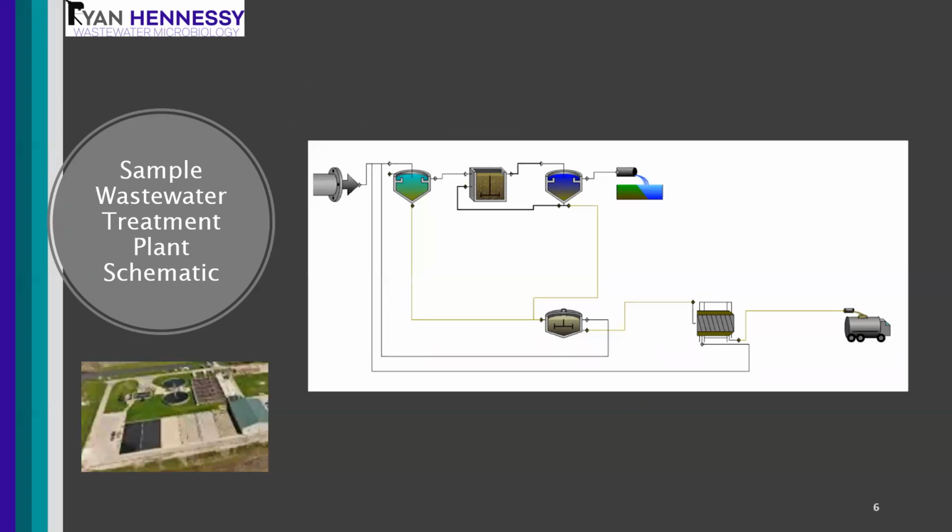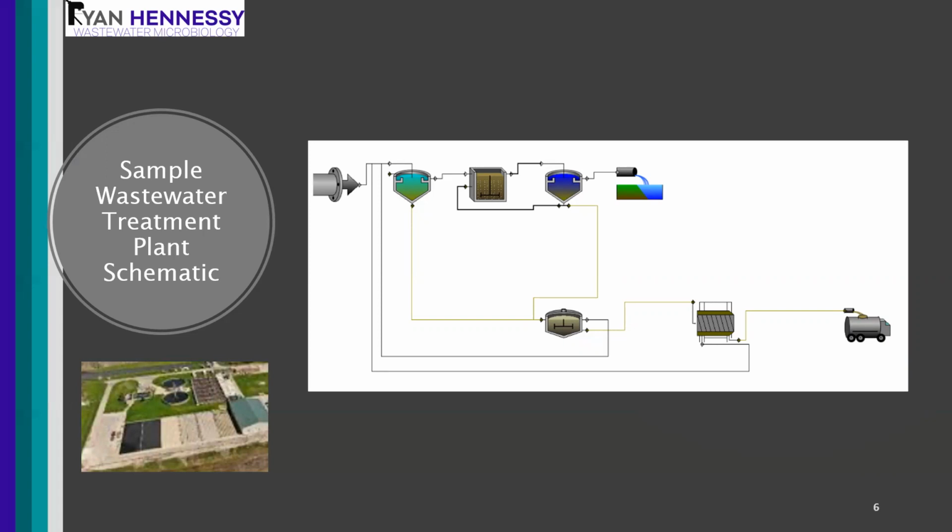And then eventually we want to develop a good biomass that's going to settle out well in the final clarifier, produce a nice clear interface between liquids and solids, and produce a nice clear final effluent.